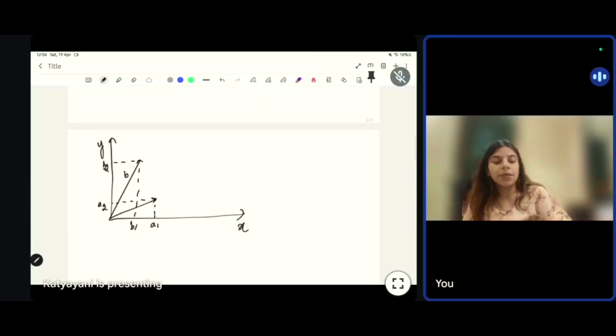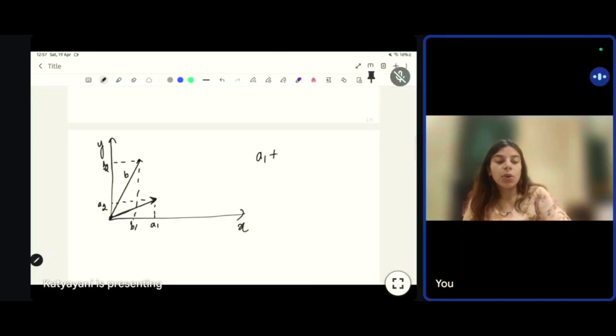So here the vector is taking us from origin to this point, right? So we are moving from here to here. This is vector a, and what is vector b doing? Vector b is taking us from origin to this point, by moving b1 distance on the x-axis and b2 distance on the y-axis.